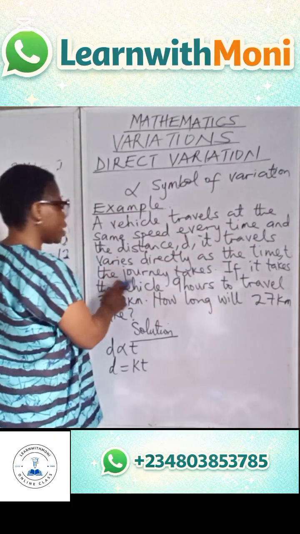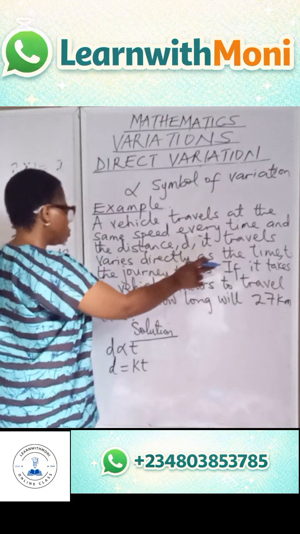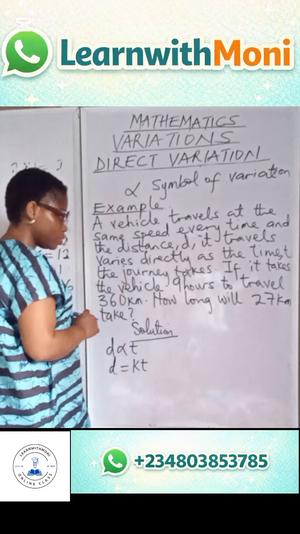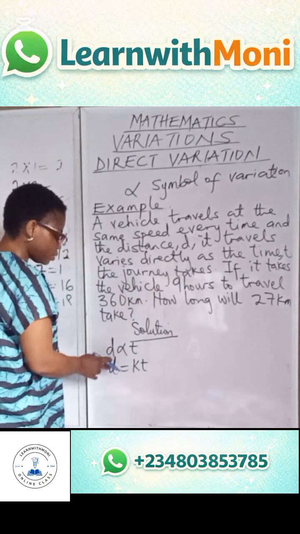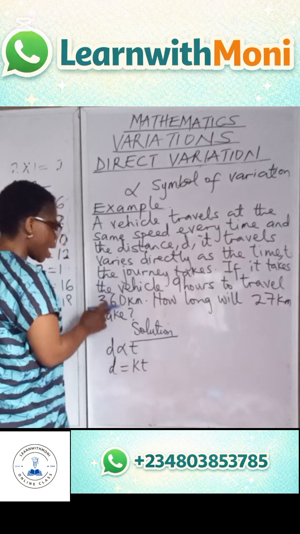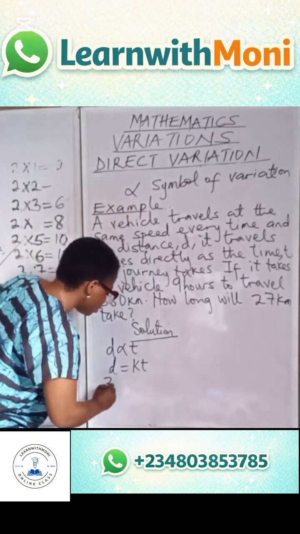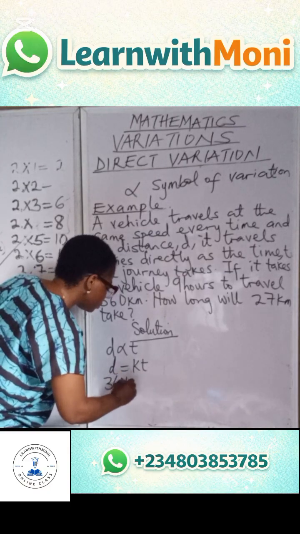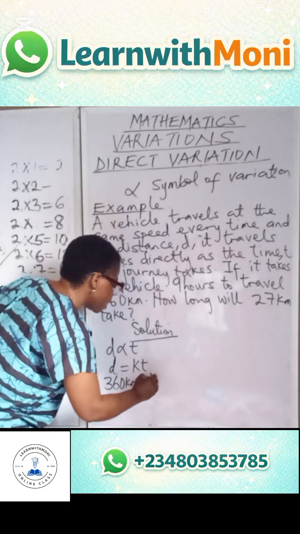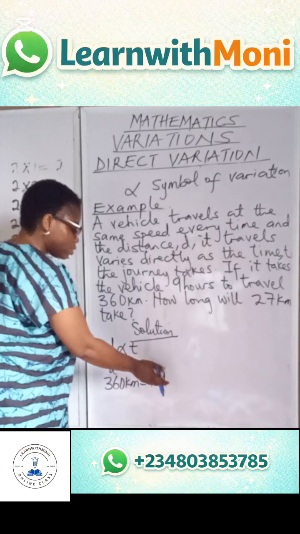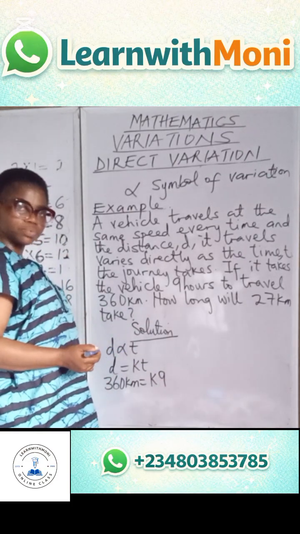If it takes the vehicle 9 hours to travel 360 kilometers, let us note that 9 hours is time and 360 kilometers is distance. So if 360 kilometers is equals to k times 9 hours, we need to get the equation of the relationship.